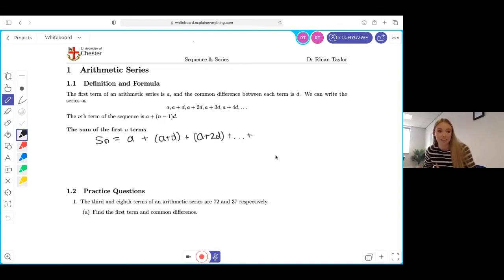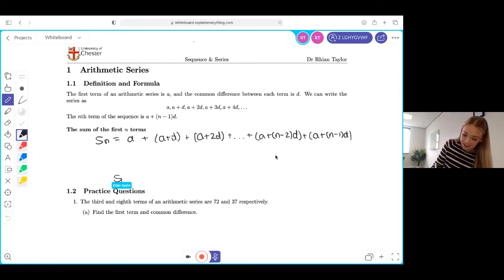The nth term of this sequence will go up to a plus (n minus 1)d. So if I add in the last two terms there, we've got a plus (n minus 2)d and then a plus (n minus 1)d at the end. So that's the sum of our whole sequence.